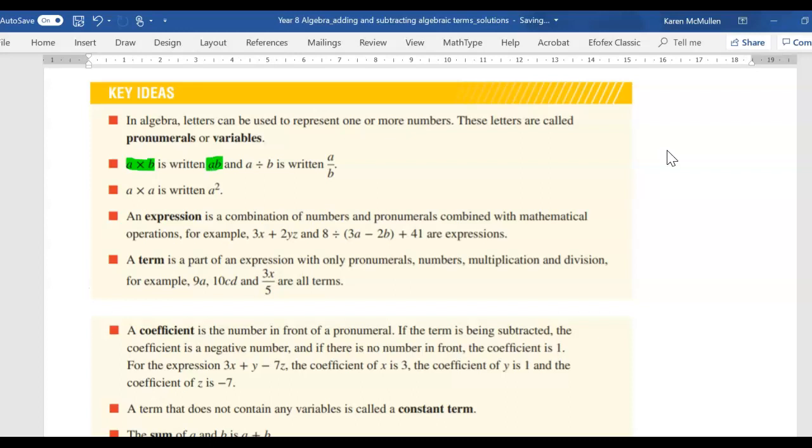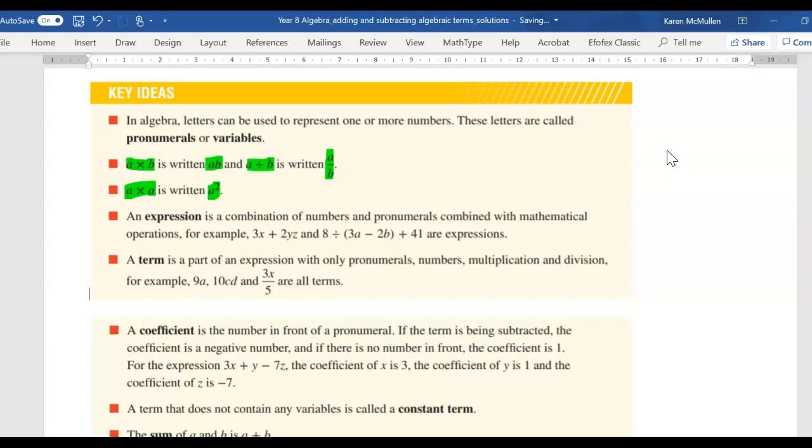So when you see A, B together, that just means A times B. And we don't usually use the division sign, so it's A over B. Writing division as a fraction is the same thing. Often I will say in class A divided by B, but it'll look like a fraction, so it's exactly the same thing.